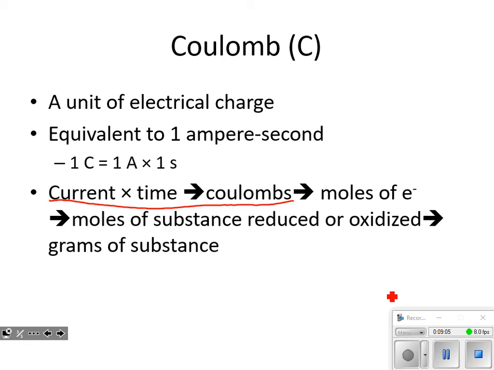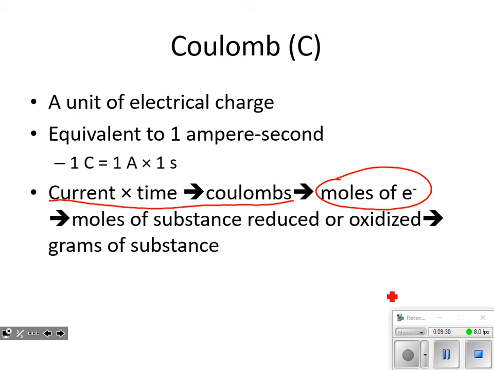On the next slide, I'm going to show you there is a way that we can convert from coulombs to moles of electrons. Electricity is all about the flow of electrons, the amount, how fast it's going, that current part of it. So there's a conversion that I'll give you in order to solve for moles of electrons.